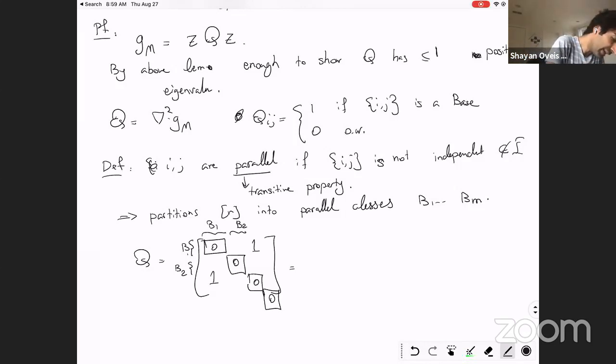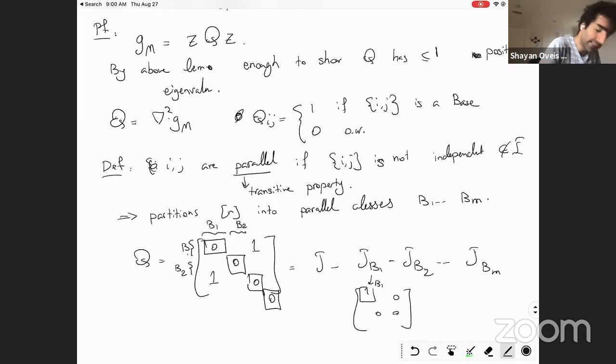A more direct way is to write this matrix as J, the all ones matrix, minus J of B1 minus J of B2 and so on up to J of Bm. By J of B1, I mean the matrix which is all 1 in the B1 part and 0 everywhere else.